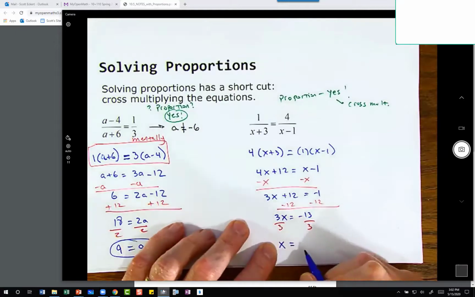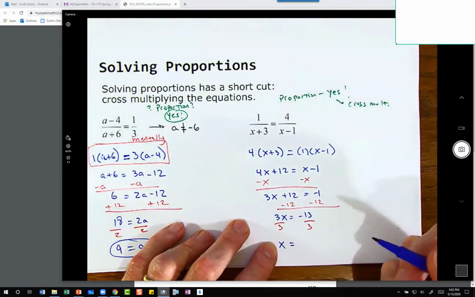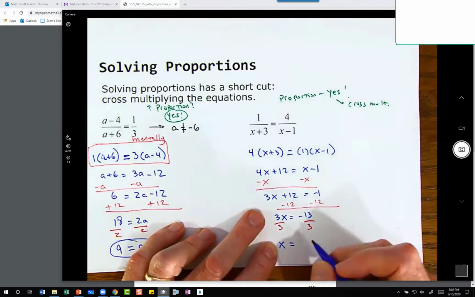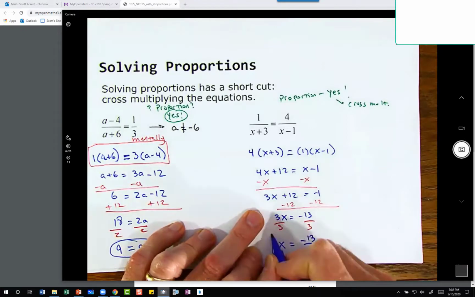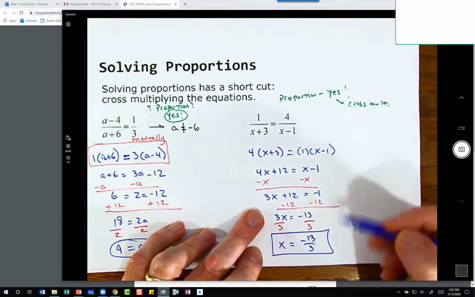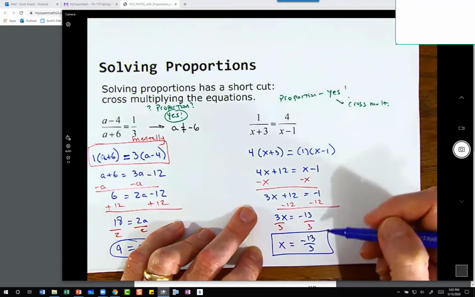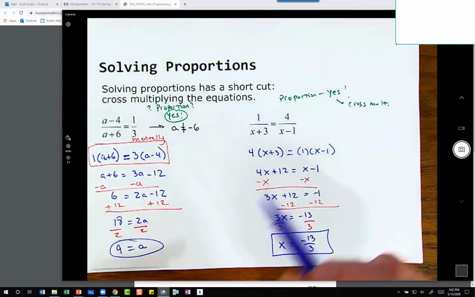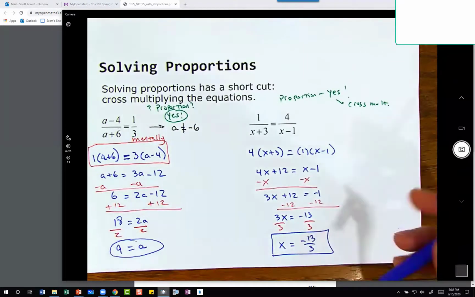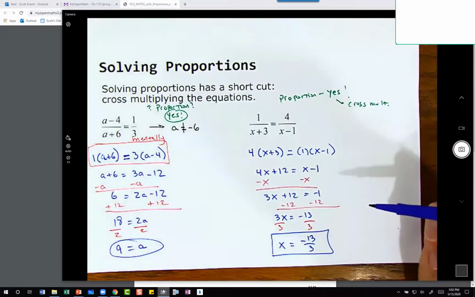Now, the only answer to this equation, it's not a nice answer. We're coming out with -13/3. So that would be the number that I could plug into this that would make it true. So this is kind of following in line with what we learned before.